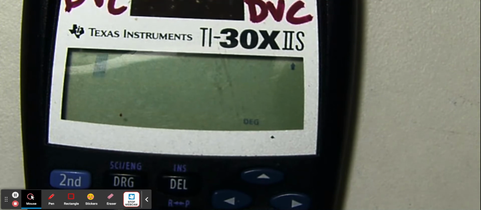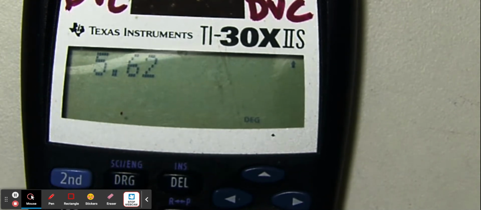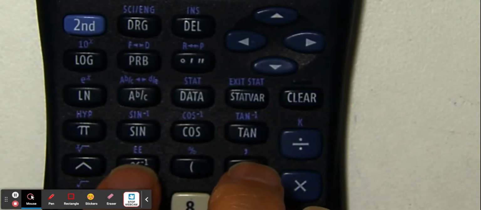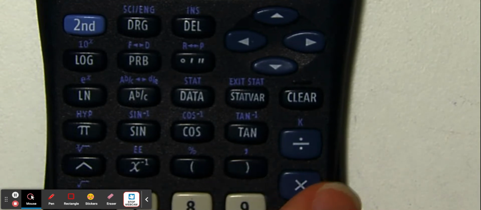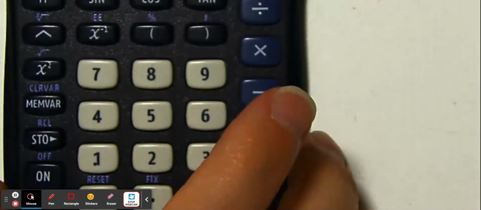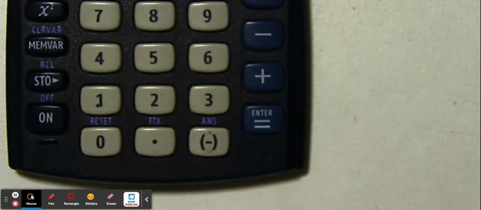Let's take some random numbers. So let's say I want 5.62 times 10 to the negative 5. So I'm going to do second function EE. And then I'm going to hit the negative button.